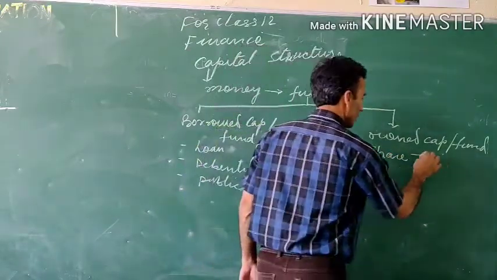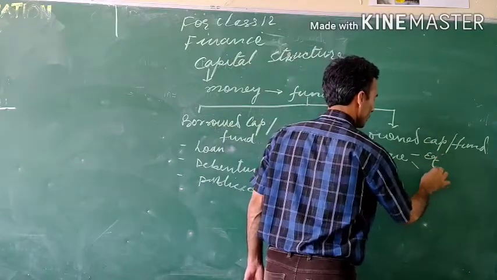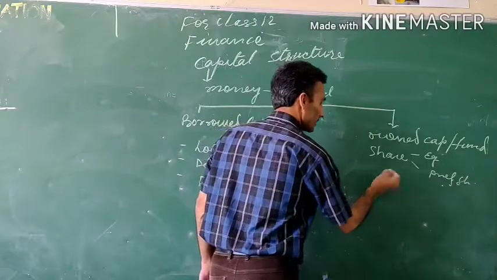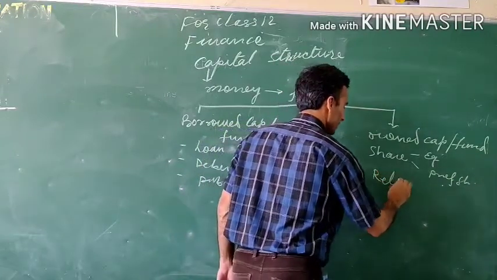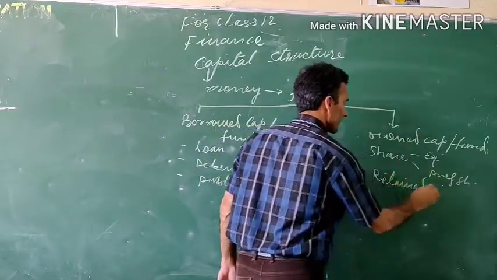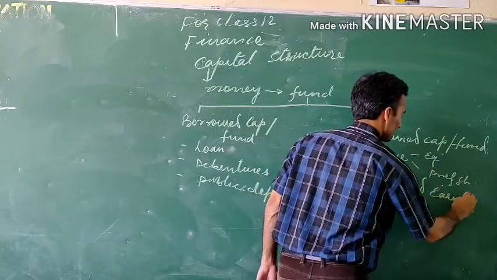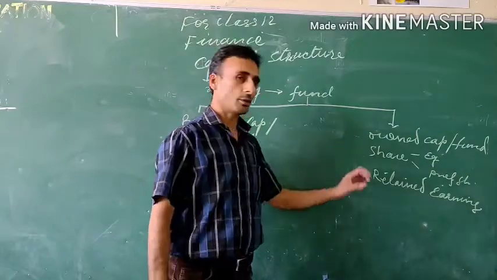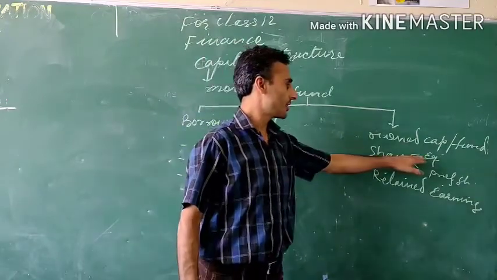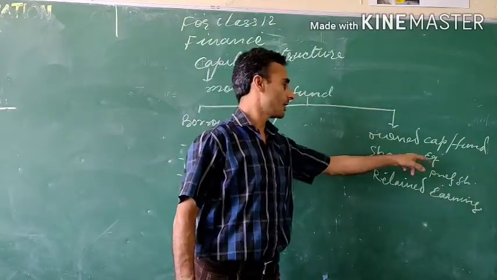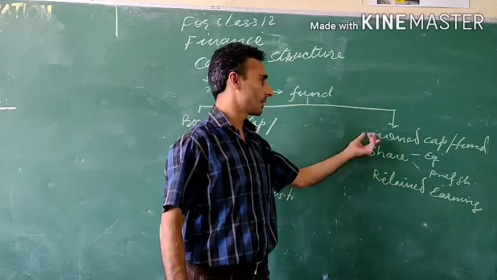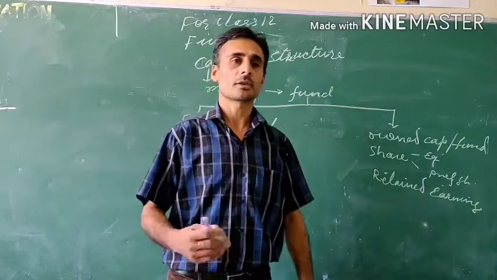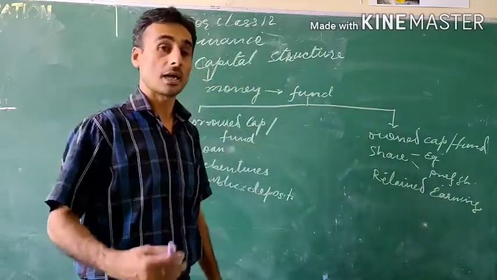It can be equity shares and also the preference shares, and your retained earning. Normally equity shares and retained earning come under owned capital, whereas the preference share capital is generally termed as a hybrid source of fund.